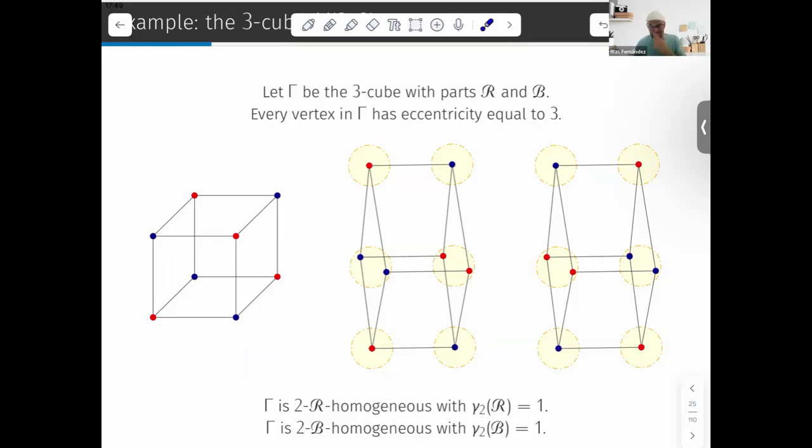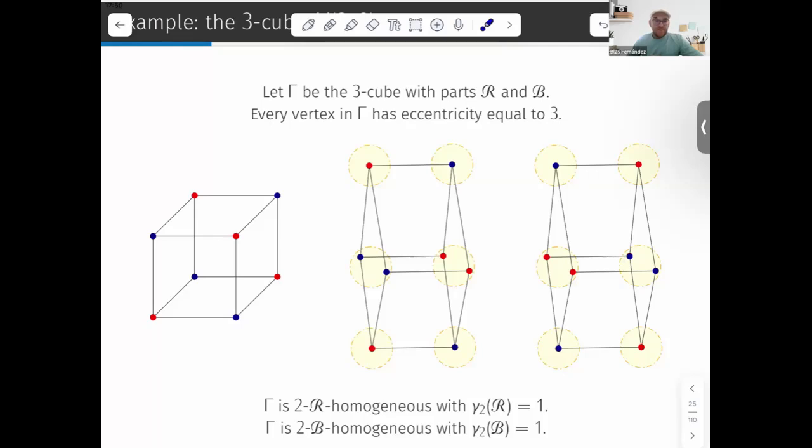So let's consider, for instance, the cube. We observe that this is a bipartite graph, or a bipartite distance-regular graph, if you already know what a distance-regular graph is. And now we can consider a partition of red vertices and blue vertices.